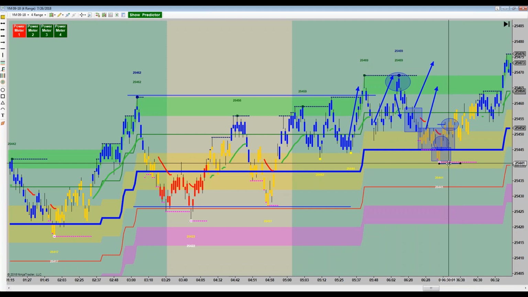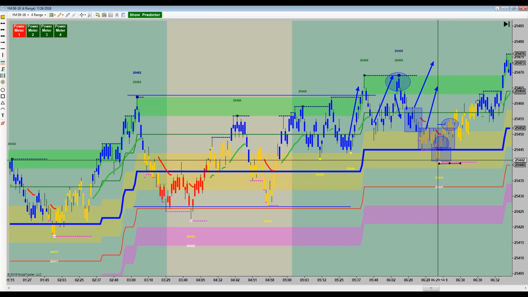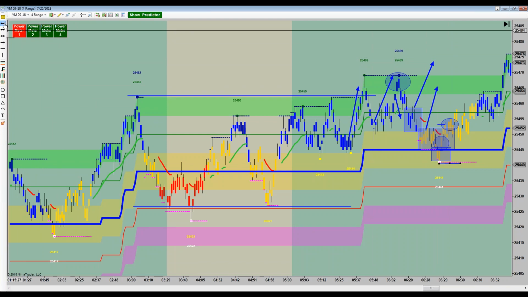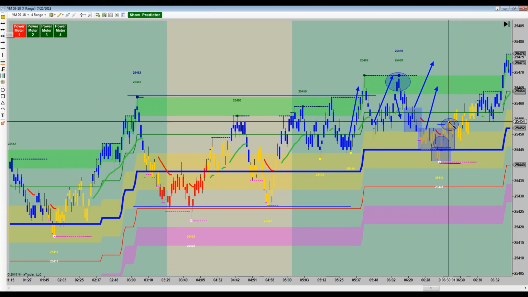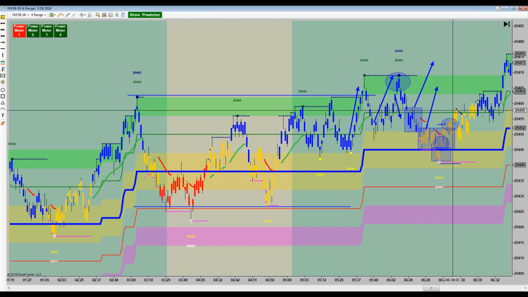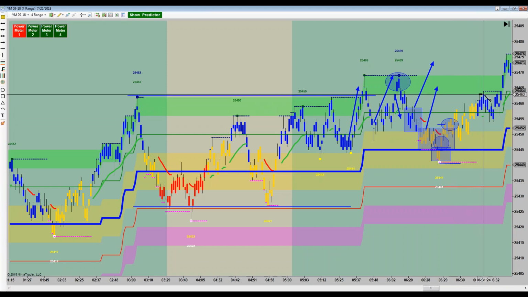Initial stop. Now what we like to do is we like to do two contracts. And the methodology behind this is as follows. We take one contract and we pull off what we call a scalp trade. Scalp trade is generally around 6, 8, 10 ticks movement in your favor. So in the case of 453 fill long, you go up to 63, and this would be your first target right here.